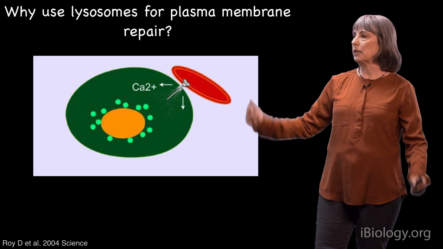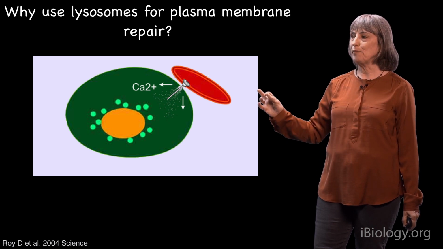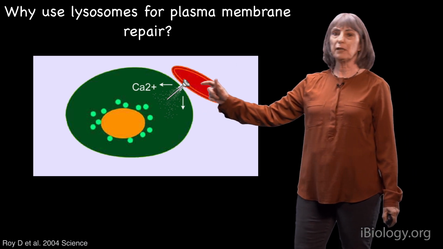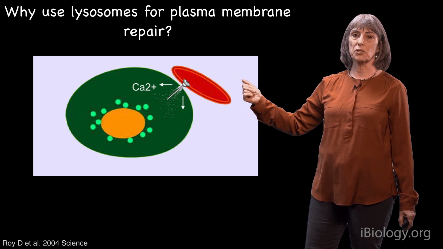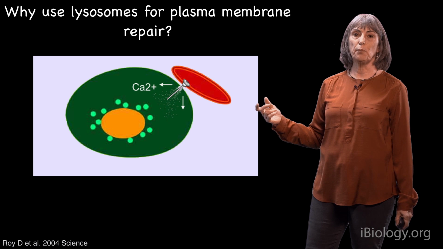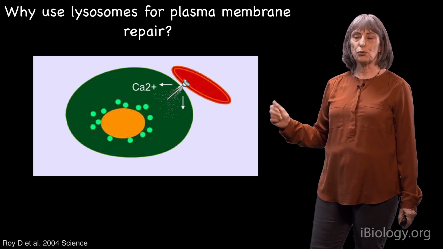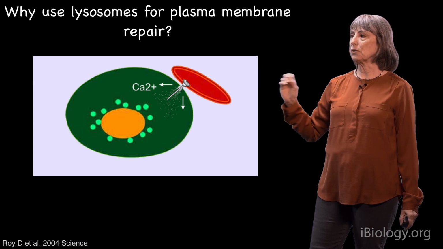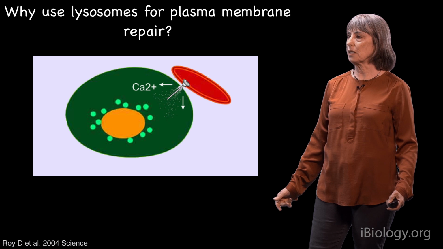For example, the type 3 secretion needle or several other secretion systems that bacteria have have been shown directly to puncture the membrane of host cells and cause calcium influx. And of course, there are many pore-forming toxins that I'm going to talk more about in my second talk. We know that when you have influx of calcium, there is a response of lysosomal exocytosis.